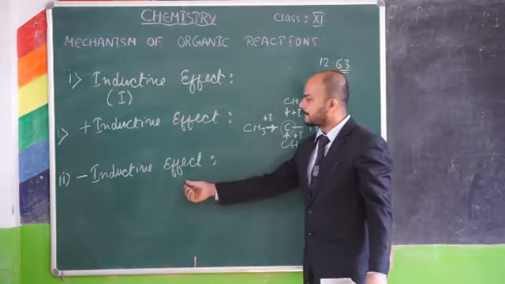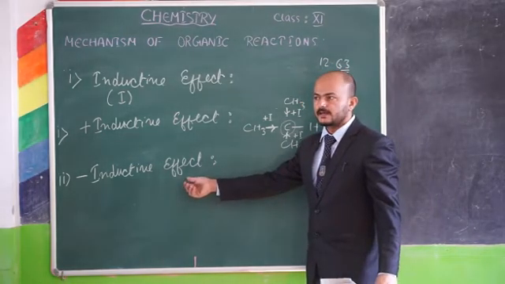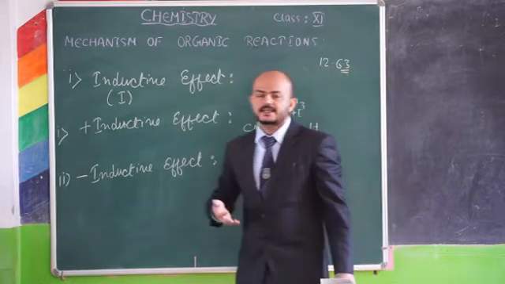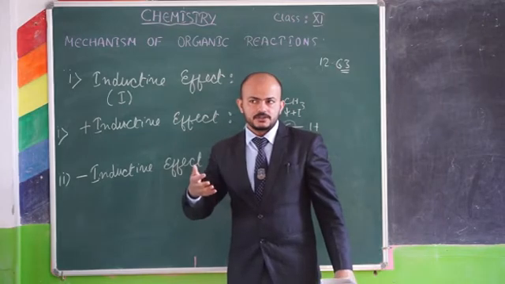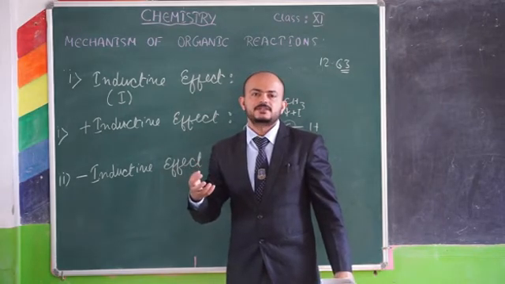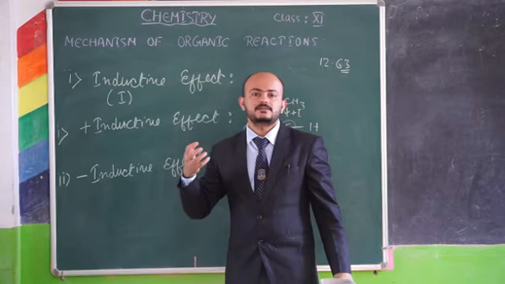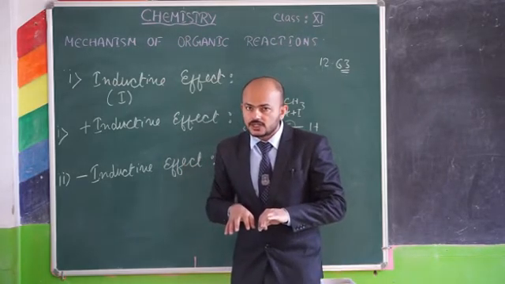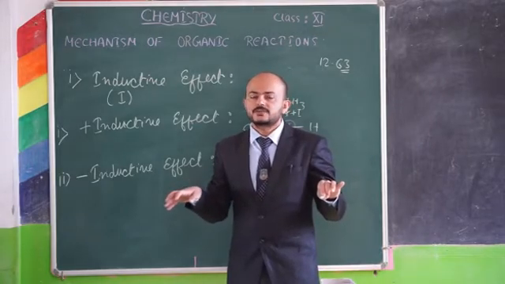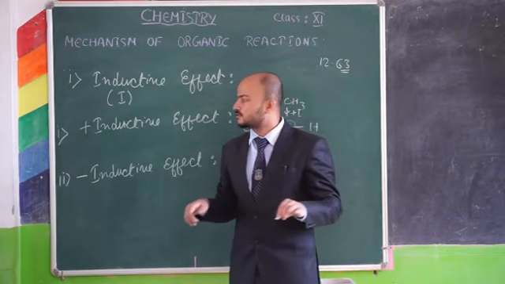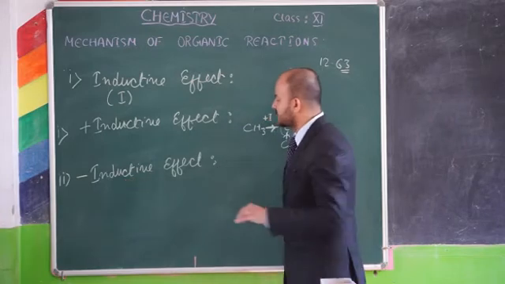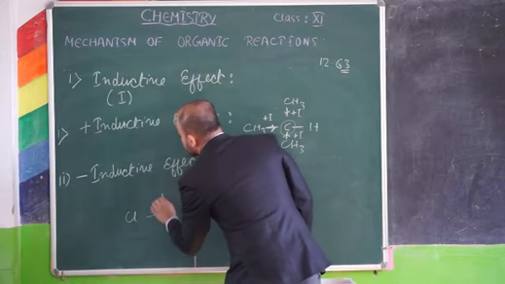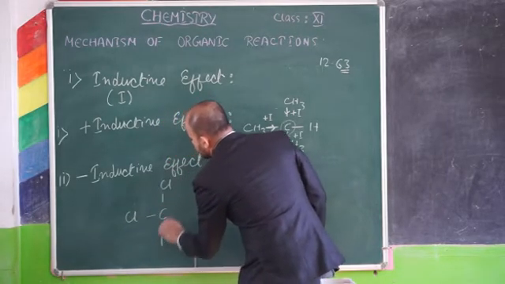Now in case of minus inductive effect, whenever you have a halogen atom attached to carbon, that means if any element is more electronegative than carbon, then it always tends to take away the electron from the carbon center, and it is said to be showing minus inductive effect. Suppose you have carbon, chlorine here, chlorine, say hydrogen, and hydrogen.